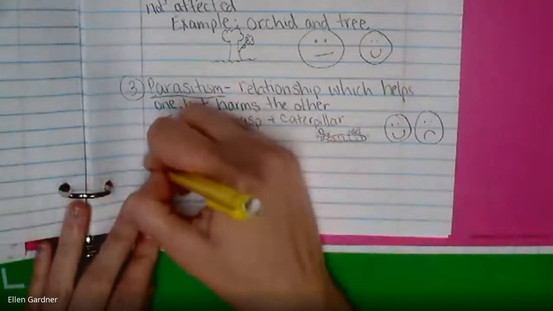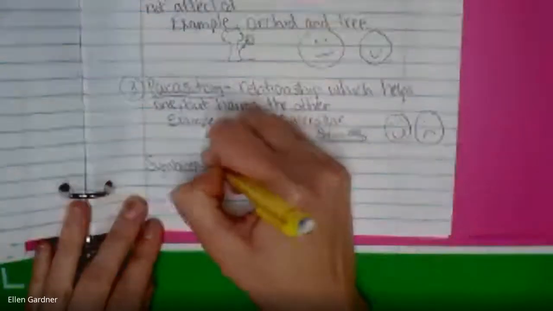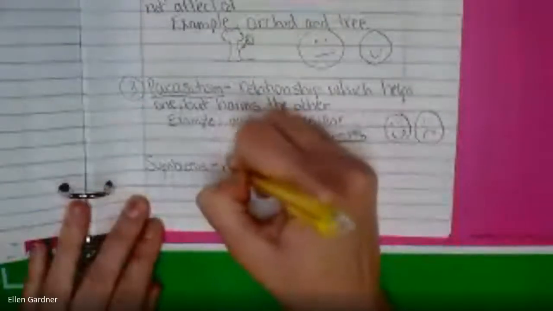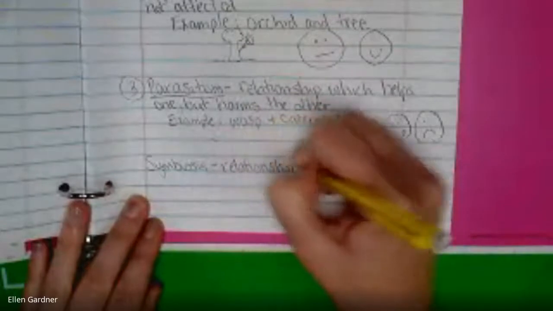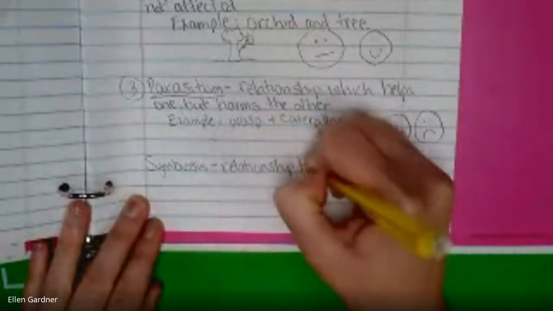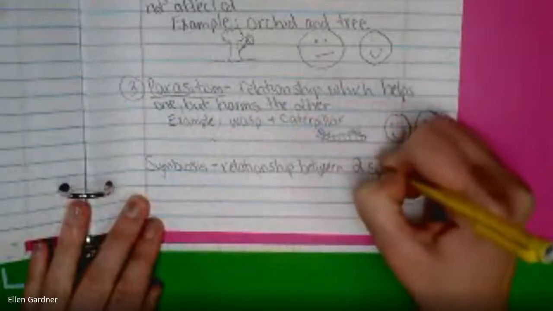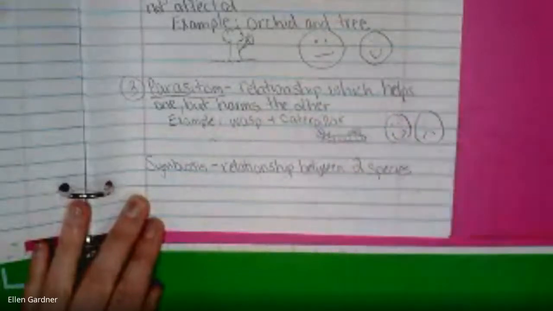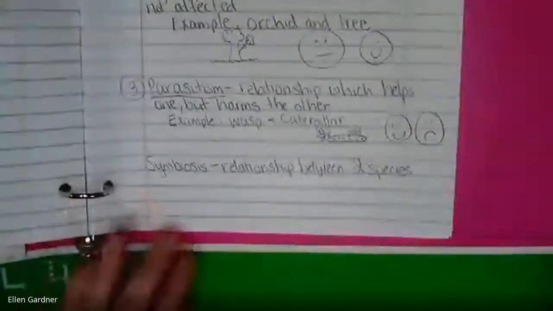Okay, so symbiosis is the relationship between 2 species. Symbiosis, or we also can call it symbiotic relationships.